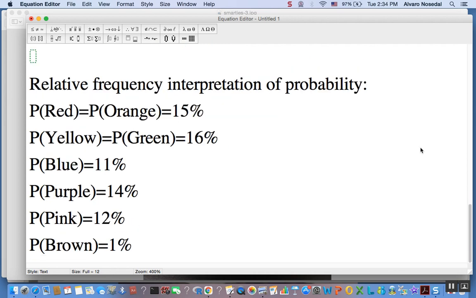Okay, so that would be the probability for all the possible outcomes of this random experiment. Okay, bottom line, the one that we're interested in, 11%.